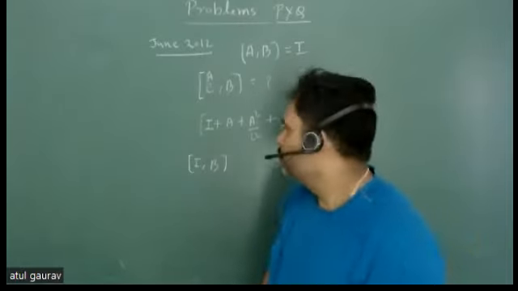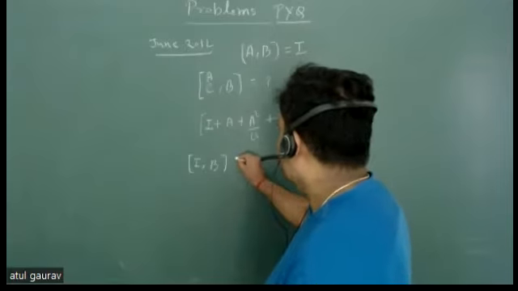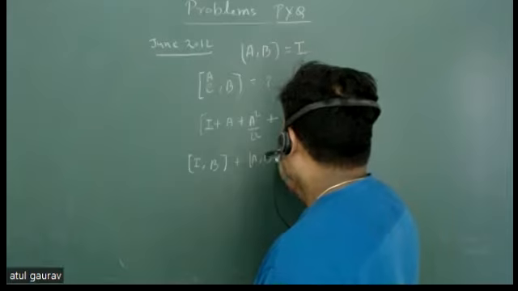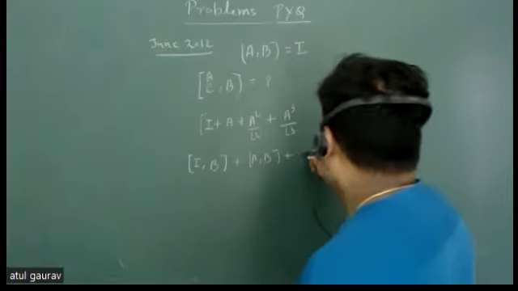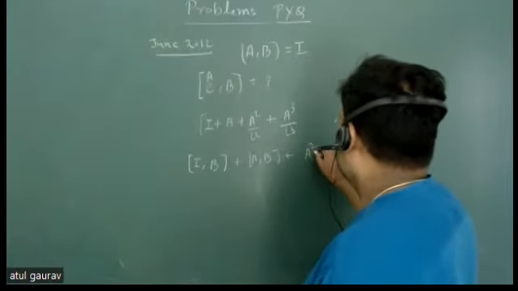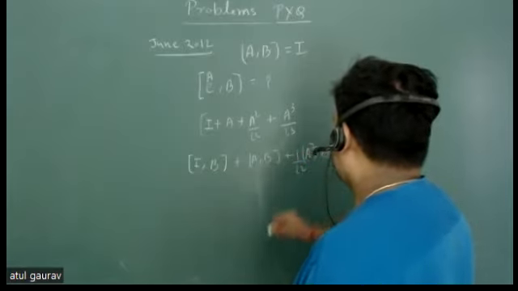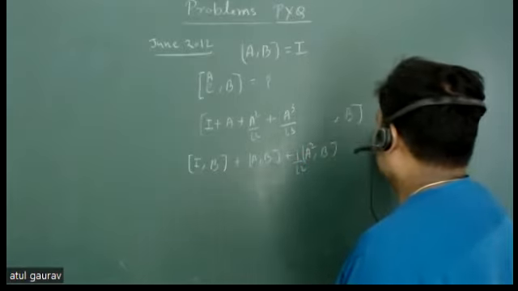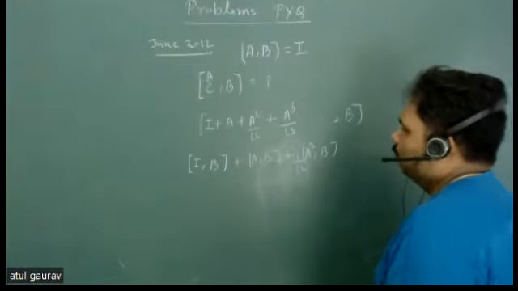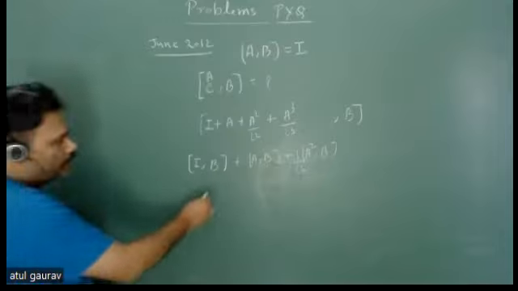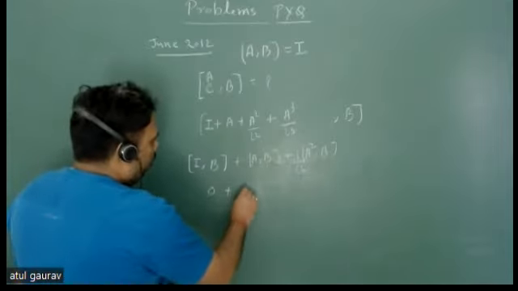Now, what will be the second one? Second one is A and B. And what will be the third one? We have A square B by factorial 2, and similarly you can go for all the others. So what will be the first commutator? That will be 0. What will be A and B?